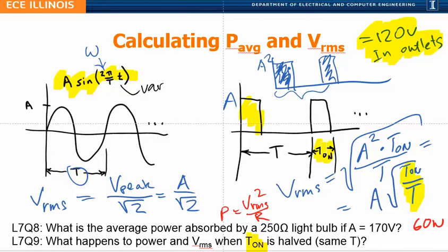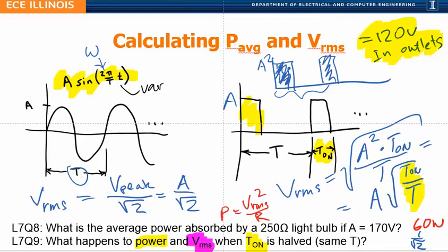Well, if we're applying a peak power for half the time, then we would get half the power. So as far as the power is concerned, it would only be half. But what about VRMS? VRMS goes as the square root of the power, so that would go down by 1 over root 2.